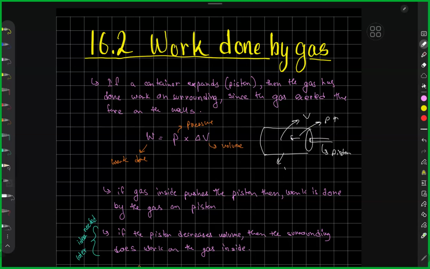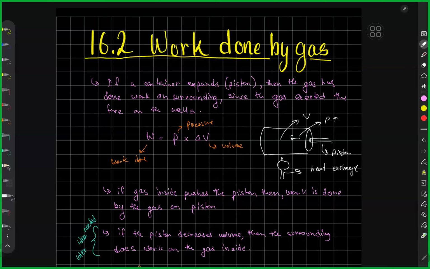You can also have a heat supply over here, right? So you can have a thermal exchange or heat exchange, right? So look, with this system, to work with pressure, volume, and temperature becomes really easy.